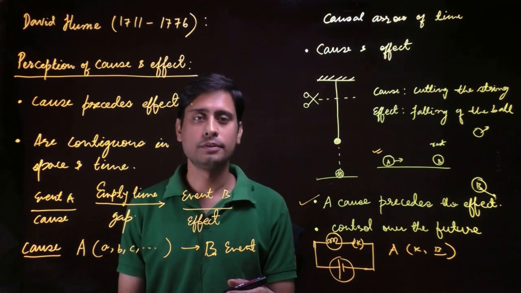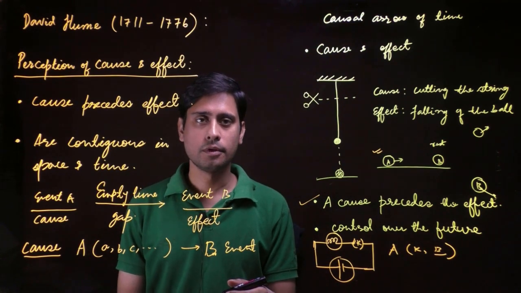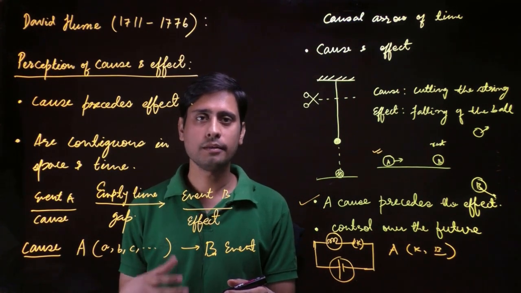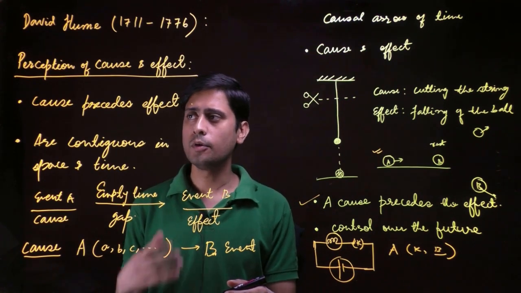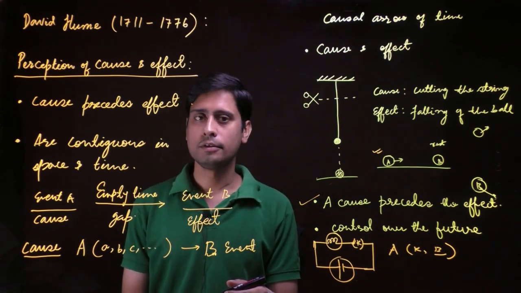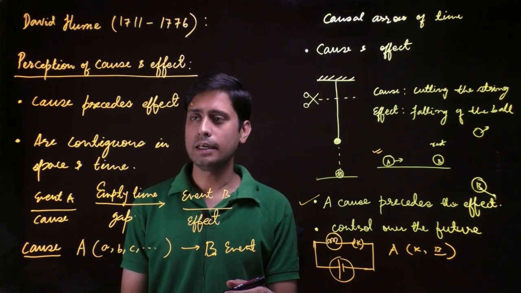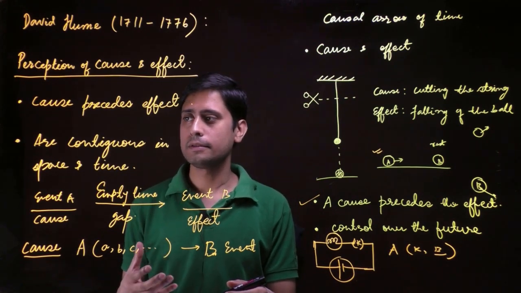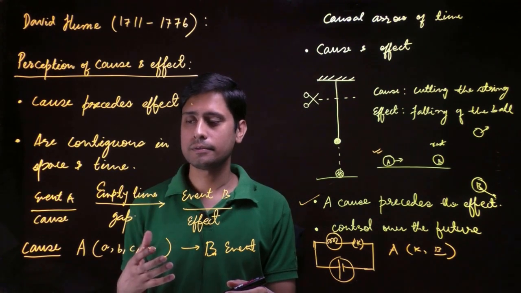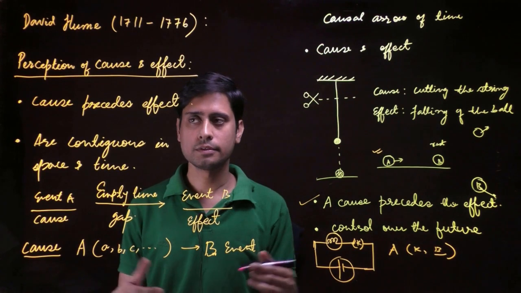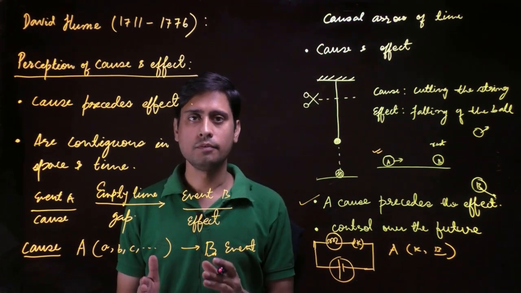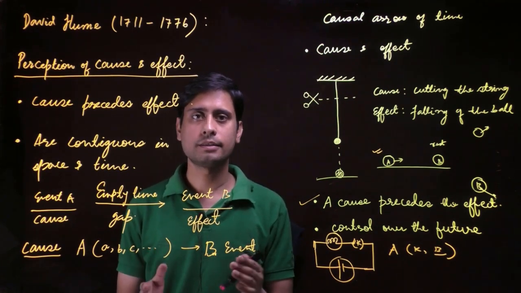and he left no room for any scientific investigation to challenge his position. So the various explanations given regarding this, the main point is that the whole idea of Hume is built on the fact that he has supposed that although time and space are continuous, the events which happen are discrete in nature.